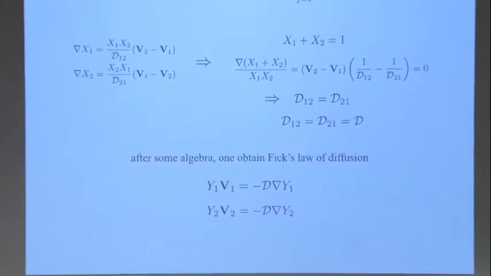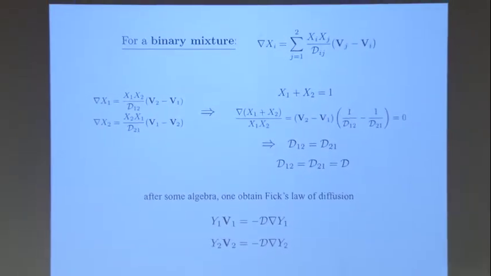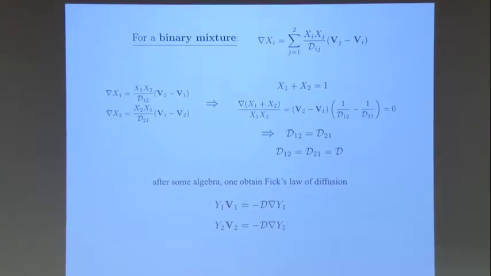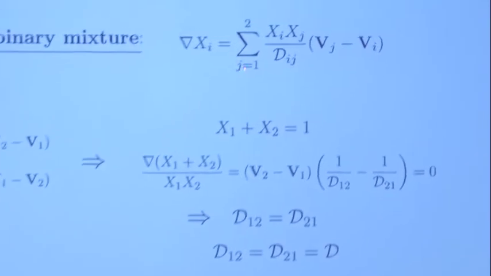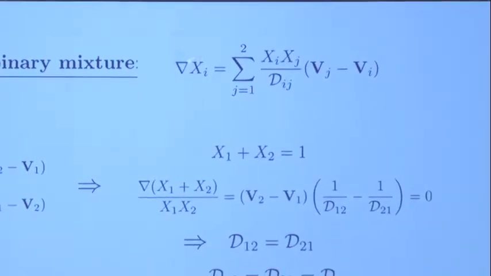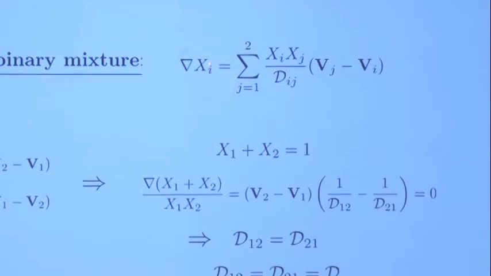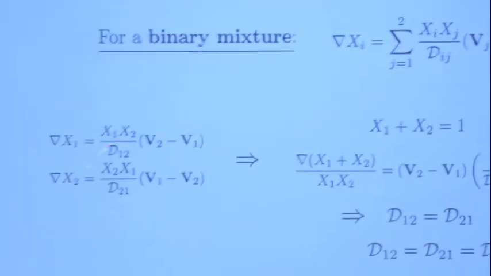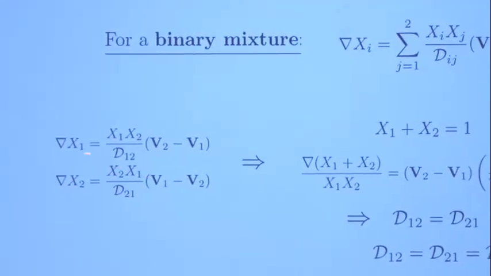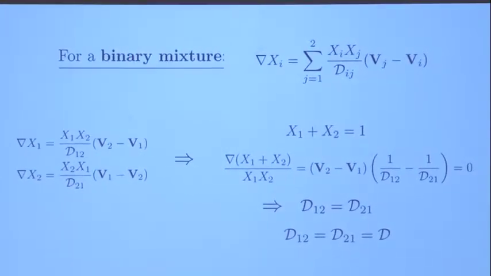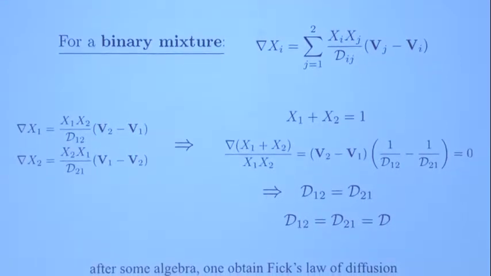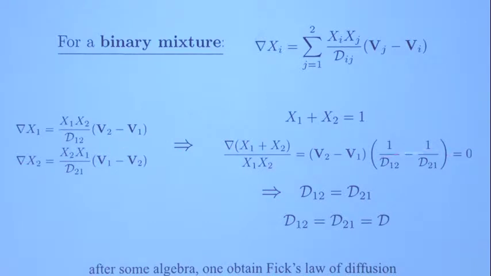The first comment I want to make is that in a binary mixture, if you take the Stefan-Maxwell relation and just replace the n with 2, so j goes from 1 to 2, then clearly you can write what grad of x1 is and grad of x2 is, which is written here. If you add them up and use the fact that x1 plus x2 is equal to 1, so the gradient of the sum is 0, and on the left-hand side you have just the difference between these two.